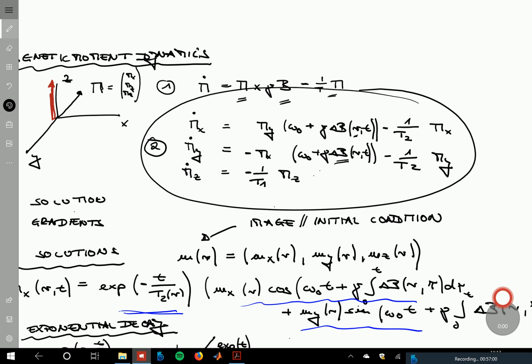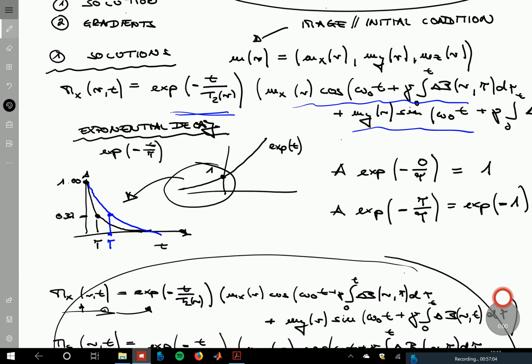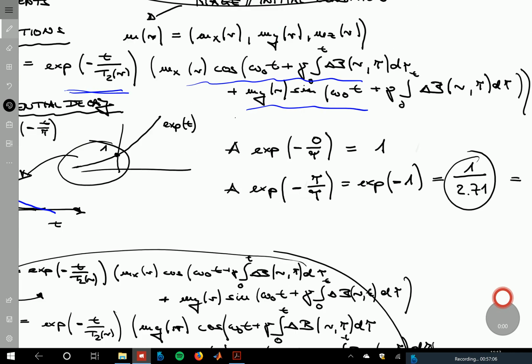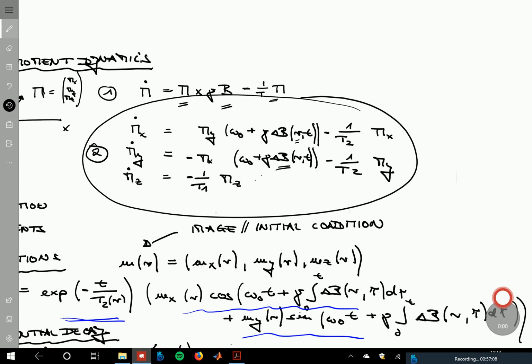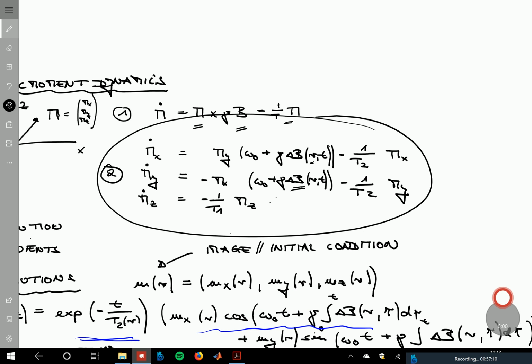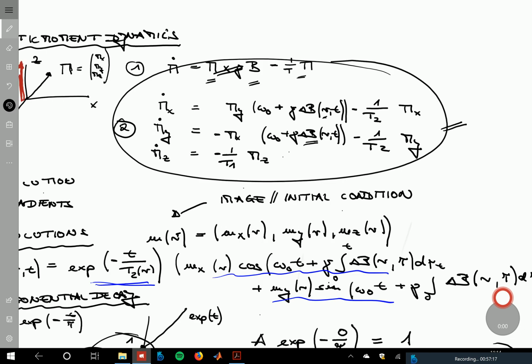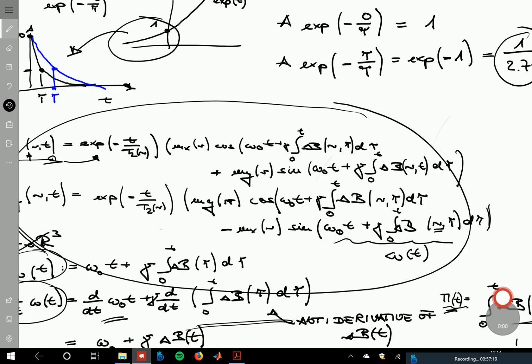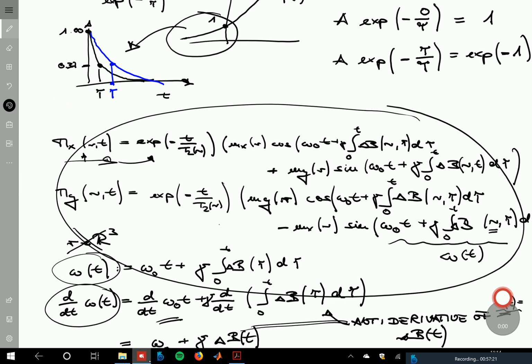The thing is, from an intuitive perspective, describing the whole thing in terms of the cross product, in terms of the differential equations here, or with the solutions of the differential equations here, it's always the same thing.